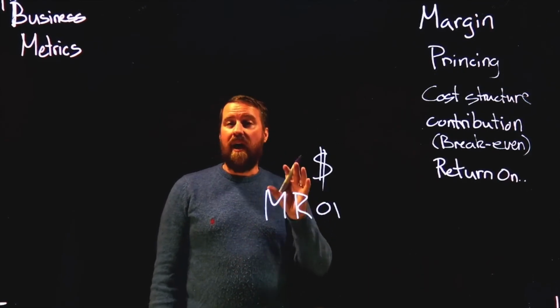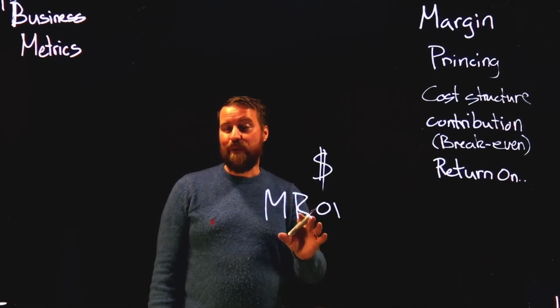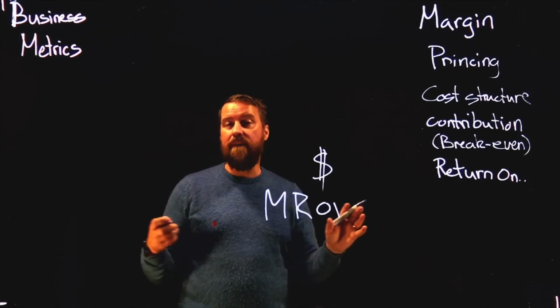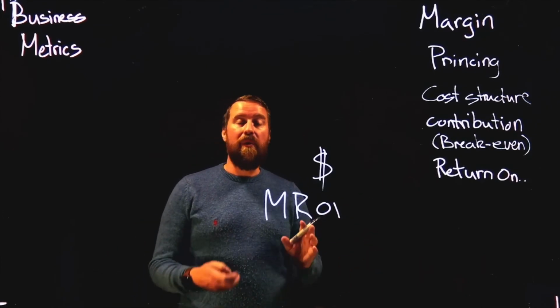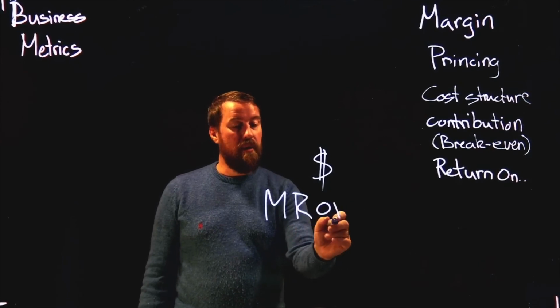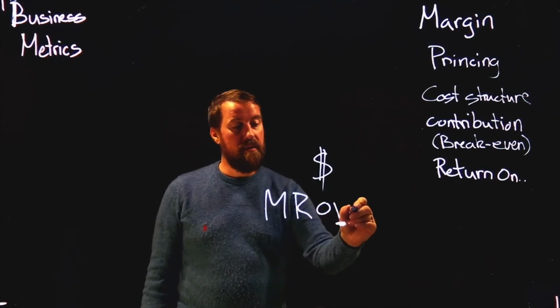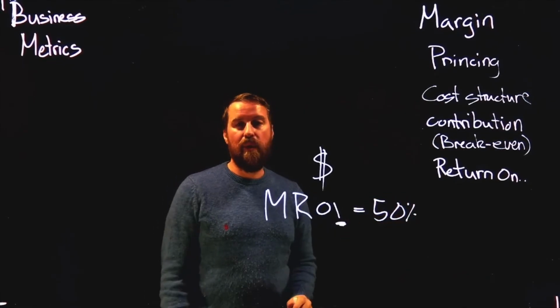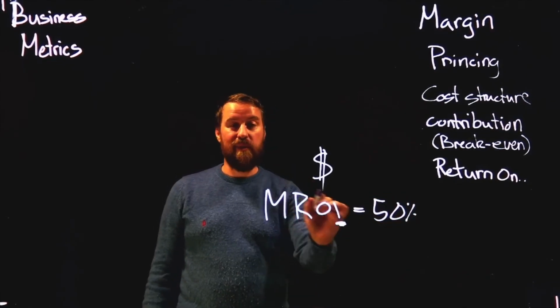Problem is, we don't know which is which. So we need to spend the $100, even though we know that half of it is wasted. So our investment is only 50% working in the marketing return on invest.